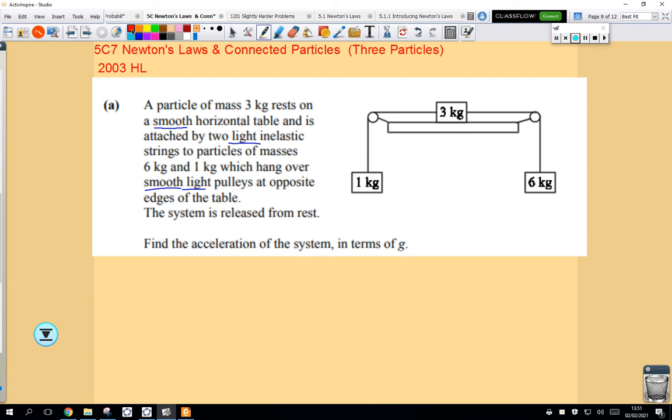So I'm going to draw my force diagrams for each of these particles. The 1 kilo, the 3 kilo, and the 6 kilo. And you'll see that we're just going to have an extra variable in here from before, but we solve it in essentially the same way. There's no huge difference.